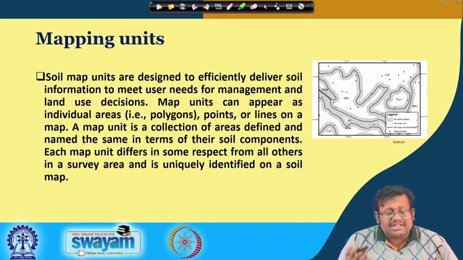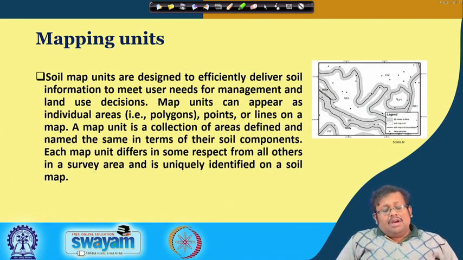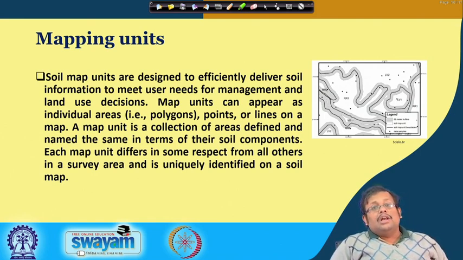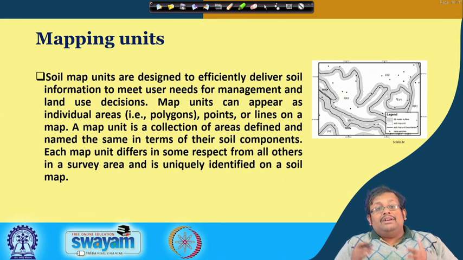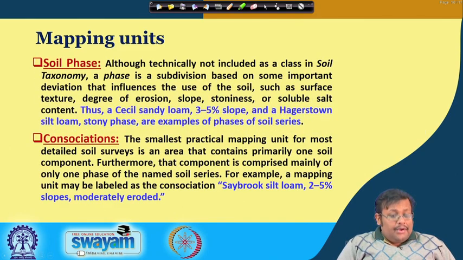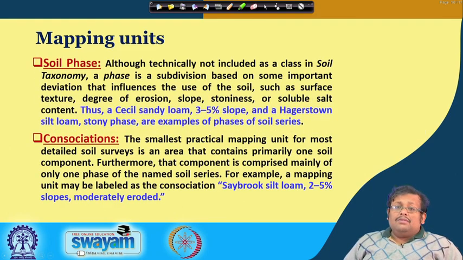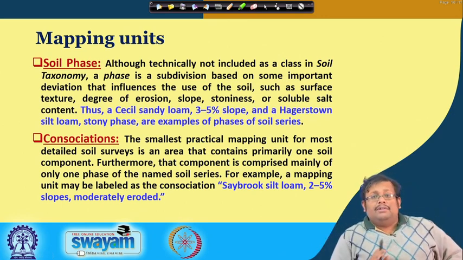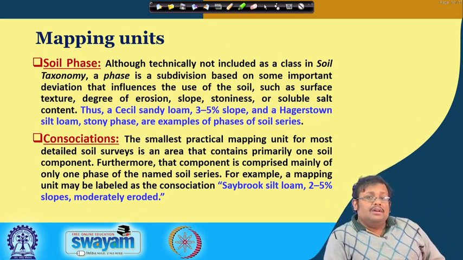A map unit is a collection of areas defined and named the same in terms of their soil components. Each map unit differs in some respect from all others in a survey area and is uniquely identified on a soil map.